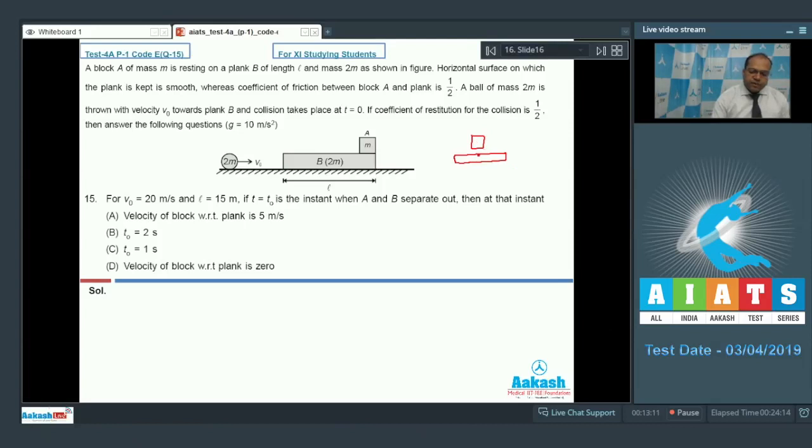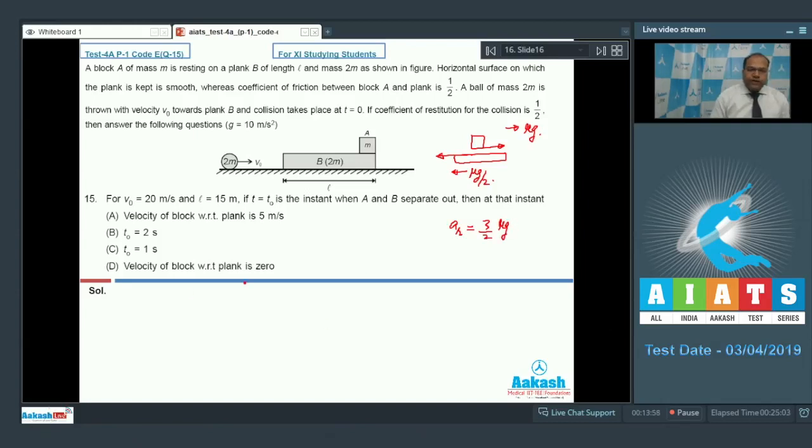So due to this, in order to oppose the motion, the friction will act in this direction, and on this block of mass m, the friction will act in this direction. So the acceleration of the block in this direction is mu into g, and the acceleration of the plank in this direction is mu g by 2. Now if I see the motion of the plank in the frame of A, then the relative acceleration is 3 by 2 of mu g.